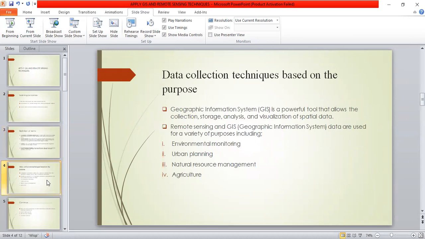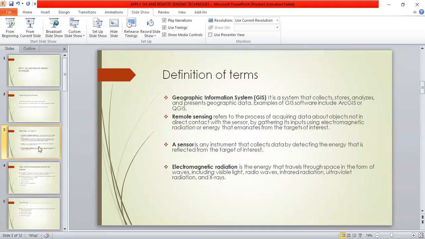Next, let's look at the data collection techniques based on the purposes. In our geographic information system and remote sensing, when we want to get this data, we get it for a specific use.